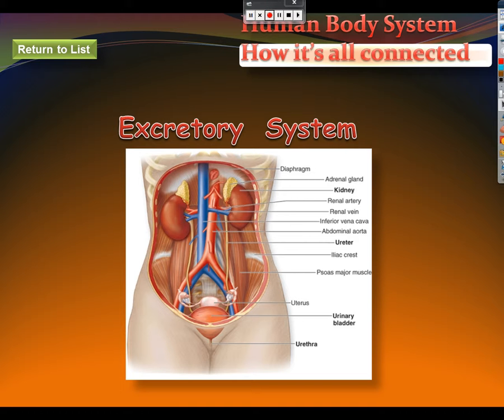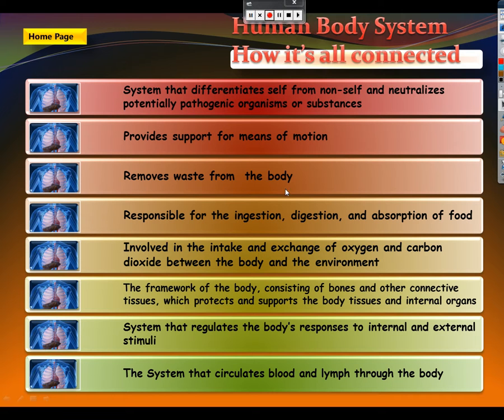I'm not going to say because it's coming up, but the excretory system, your kidney, your bladder, the uterus, those are major organs that are part of your excretory system that excretes waste and toxins and so forth from the body.